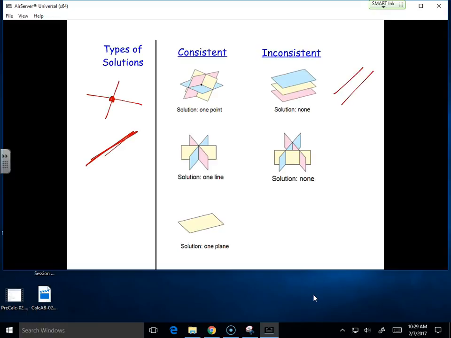But as soon as we go to the 3rd dimension, life gets a little more exciting. We could get one single solution because all 3 planes intersect at only one place.